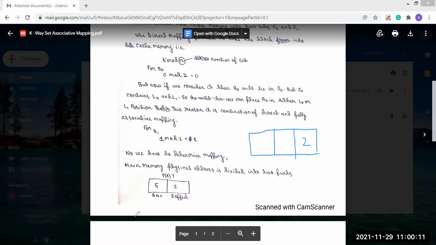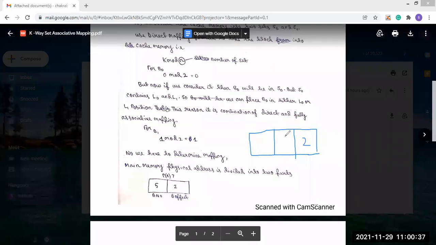Now here this block number will be divided into 2 parts. Now this address is for the cache. What are the 2 parts? Tag number and our set number, because here we are using the set.